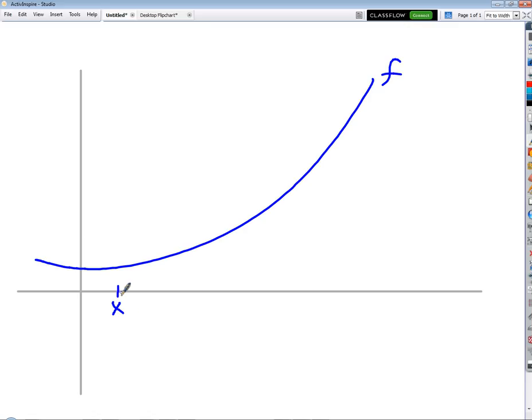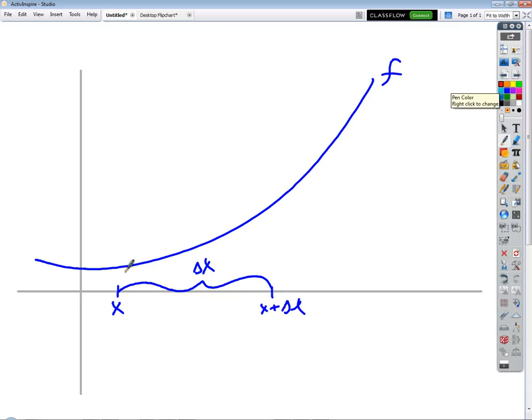Let's call this delta x, change in x. And so this point right here would just be x plus delta x, right? So then we've got 2 points here.